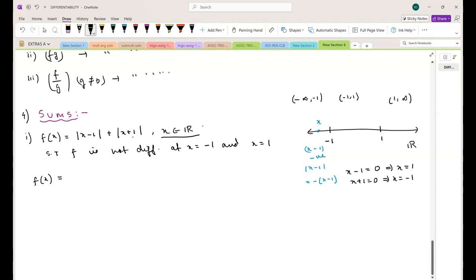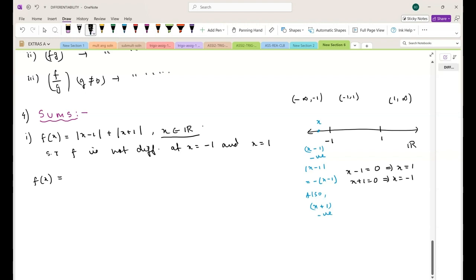The same thing happens with x + 1 also, because your x is on the left of −1, so it is less than −1. If you take this as −2, then this whole thing is again negative. So when you remove the mod, the minus will come.